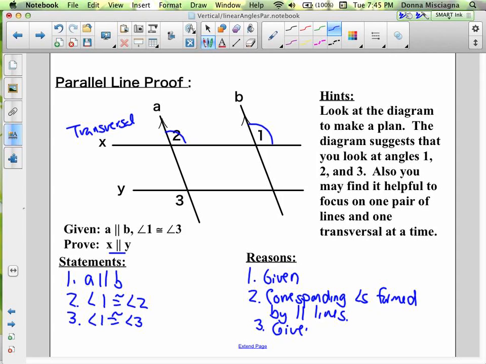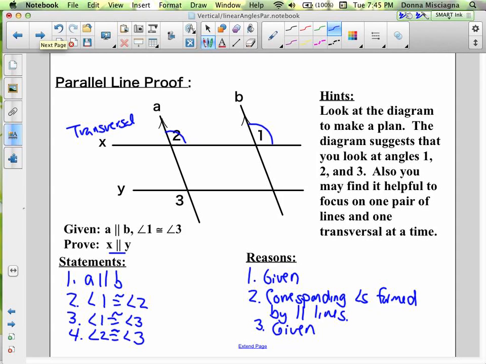So notice I didn't say both givens one after the other. Not that I couldn't, but it made sense to make a statement off the fact that the lines are parallel. Now that I've said angle 1 is congruent to angle 3, I can now make this statement. I can say that angle 2 is congruent to angle 3. That is supposed to be a congruent symbol. There we go.